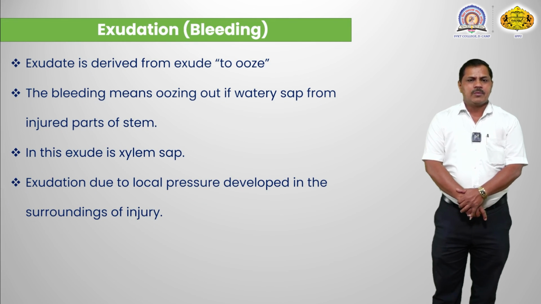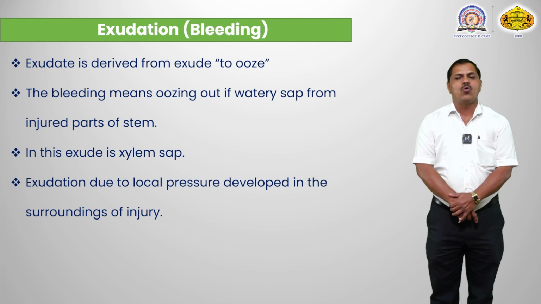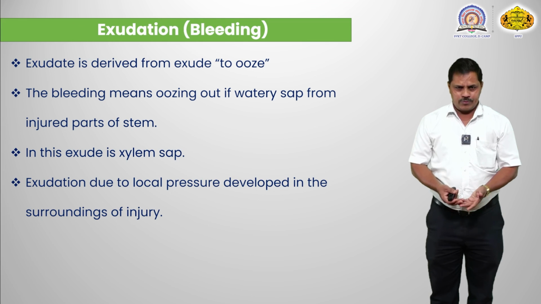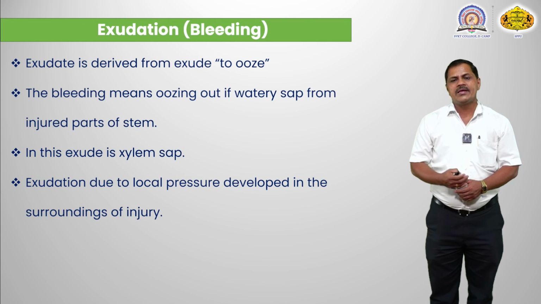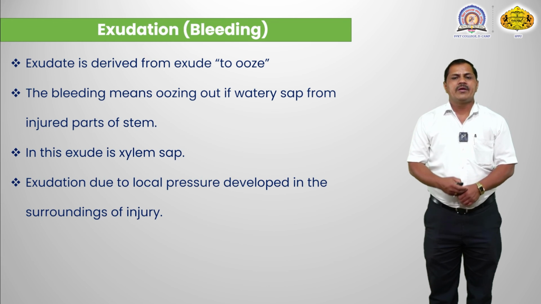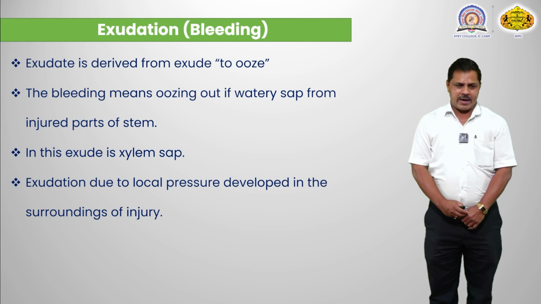Then exudation, which is bleeding. Exudation is derived from exude, to ooze, which means to ooze out. Certain injured parts are bleeding. This bleeding means they are oozing out a watery sap from the injured part of the stem, branches, or other parts of the plants.